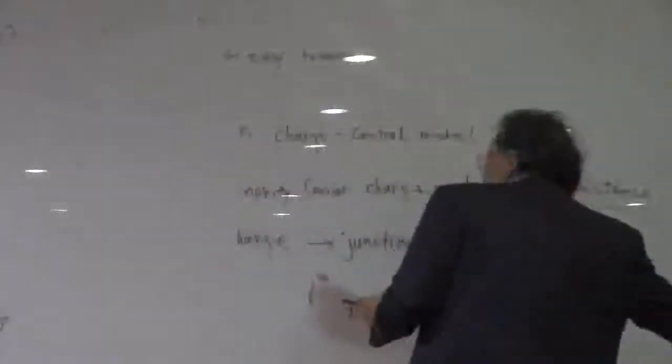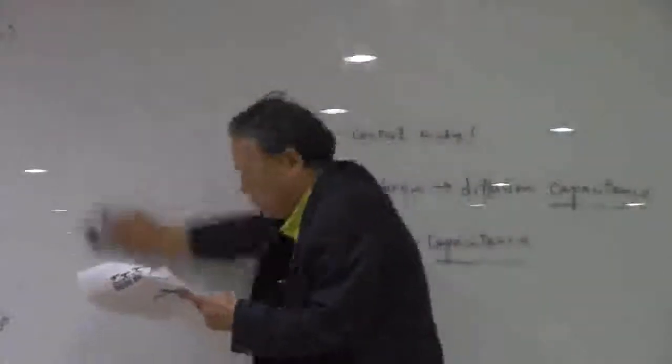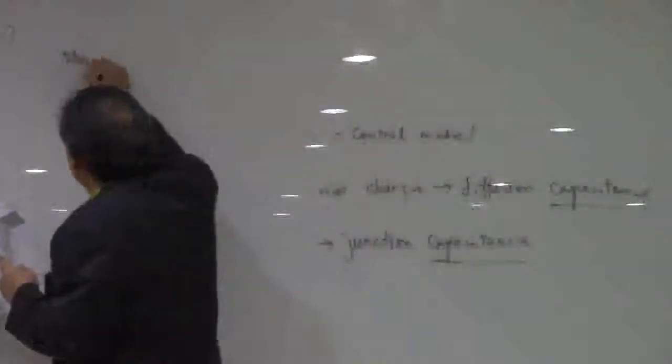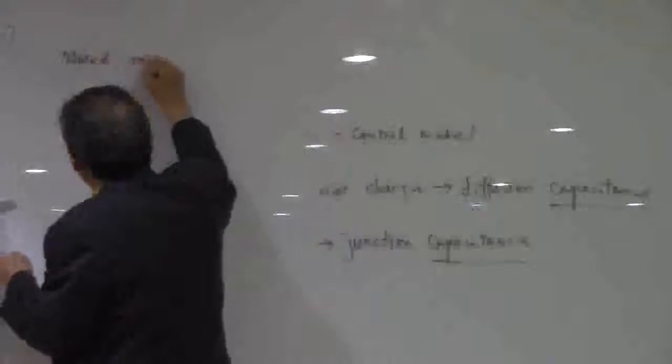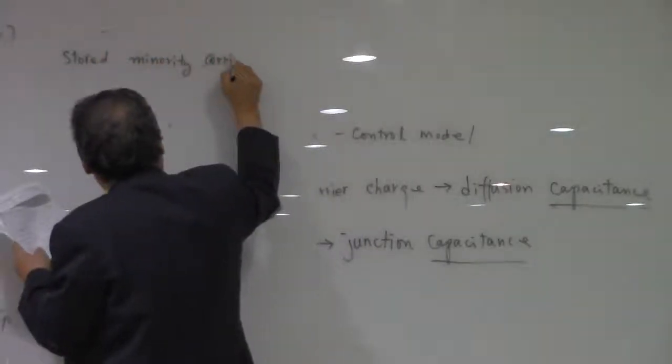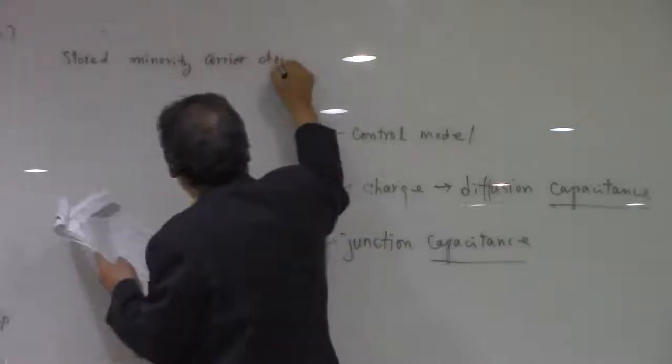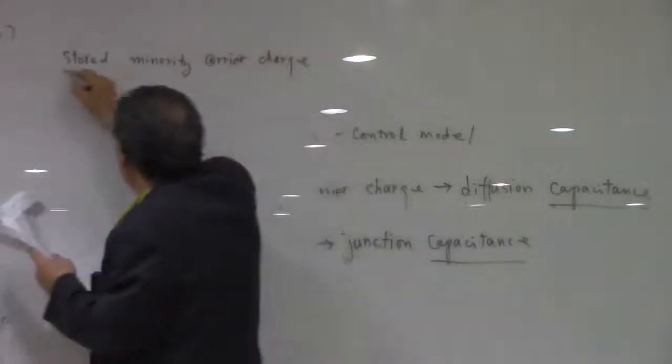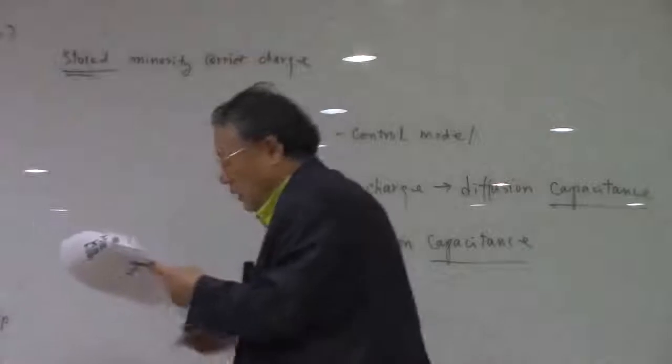And then the way to derive the capacitance here, the charges, we have to get the charges first. Stored minority carrier charge. Now, the stored, that is significant.